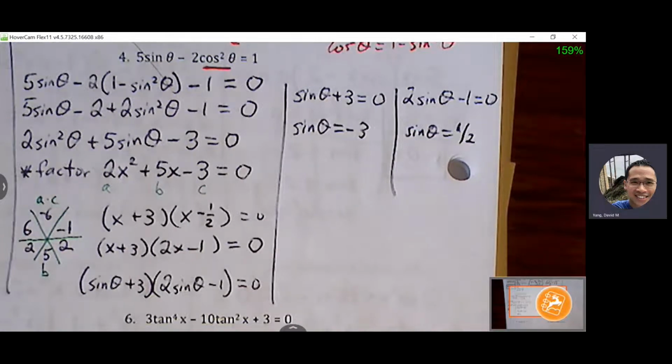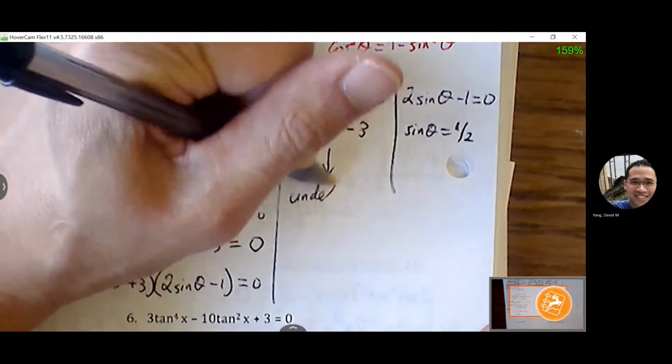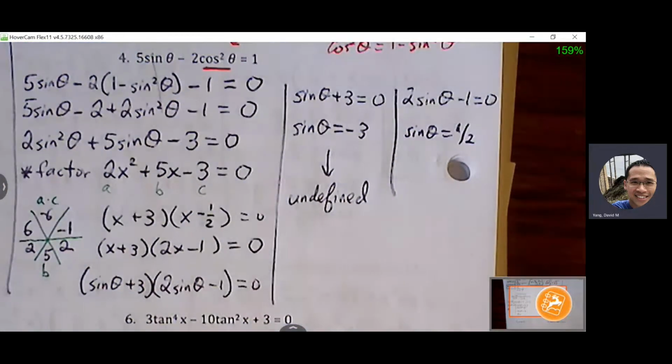Okay, anything from sine theta equals -3? No, undefined, right? Sine is only going to hover between -1 and 1, so that's outside of our range. No solution for the first equation. Okay, but we do have sine equal to 1/2, right? So where's sine equal to 1/2? Pi over 6. Good, first and second quadrant.